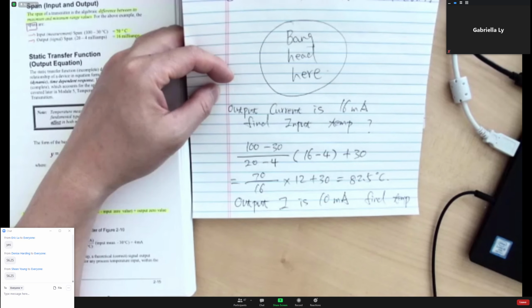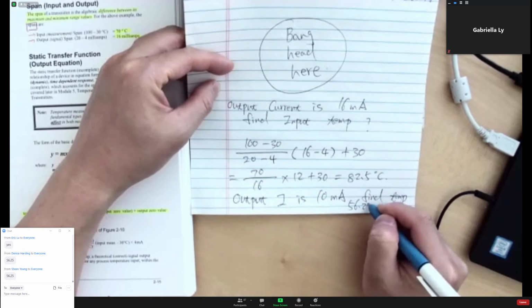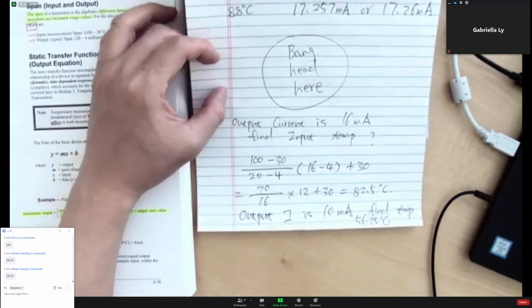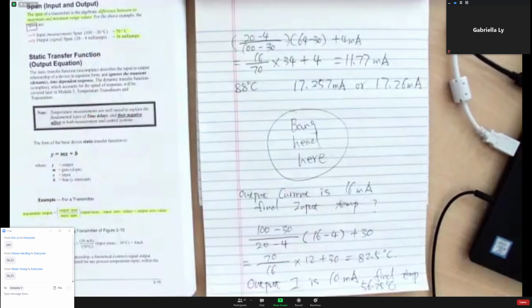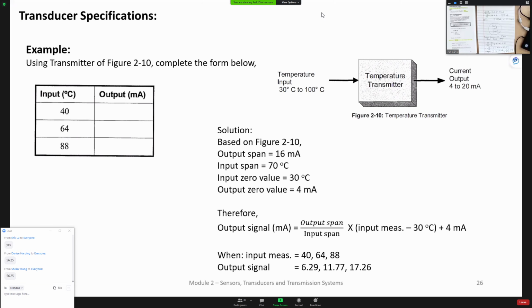That's the right answer. So anyone didn't get that 56.25?